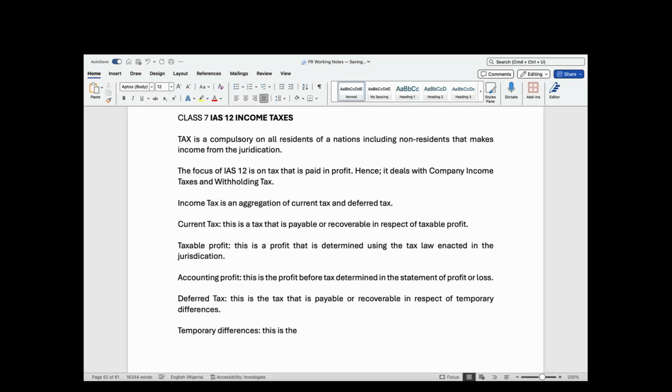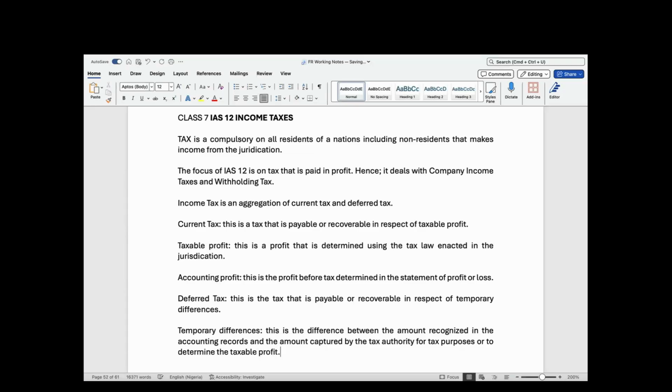This is the difference between the amounts recognized in the accounting records and the amount captured by the tax authority for tax purposes, or to determine the taxable profit.